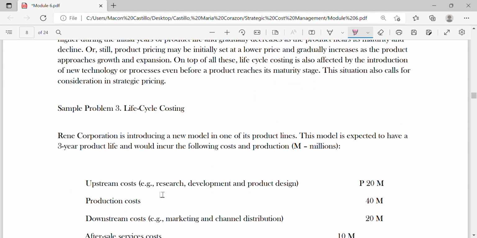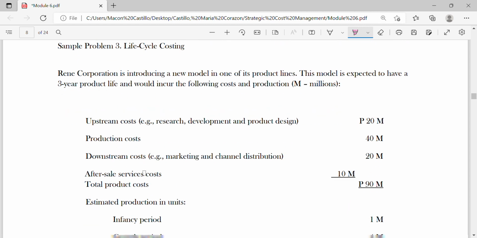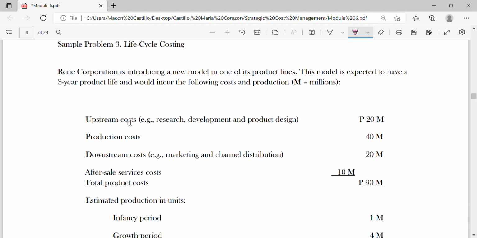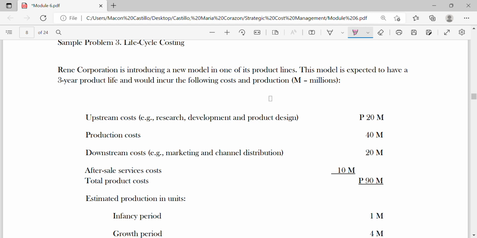So to illustrate and to better understand the life cycle costing, let's have this illustration. Rene Corporation is introducing a new model in one of its product lines. This model is expected to have a 3-year product life and would incur the following costs and production.